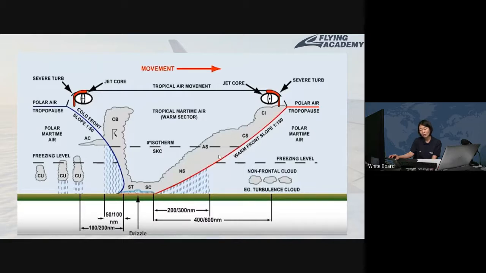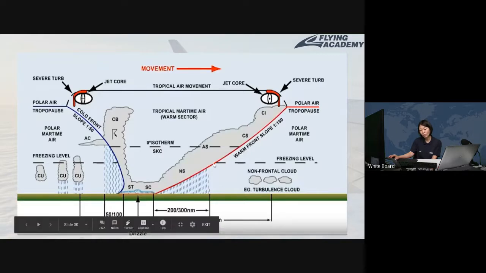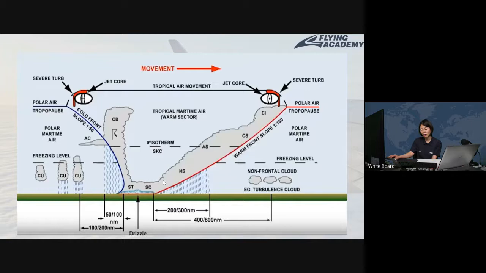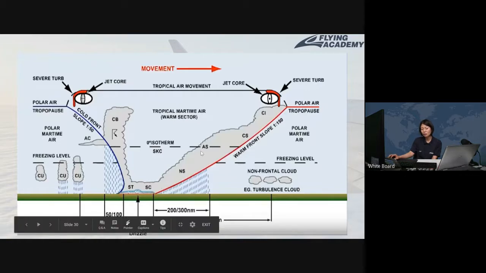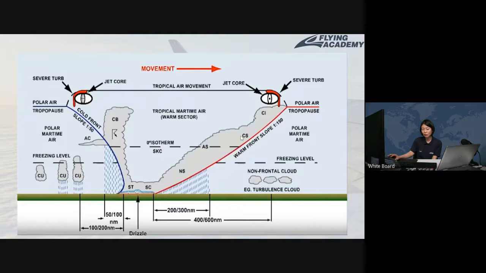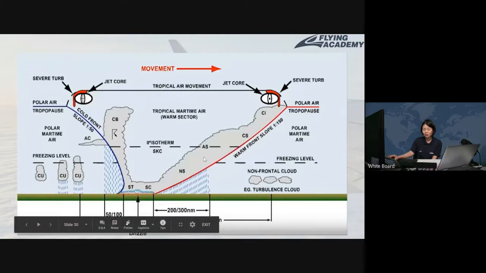So cloud is going to be all the way to the top, because this warmer tropical maritime air meets the polar maritime air, and the air starts condensing because it is in the cold one, so all the way through the front you are going to have cloud. Nimbostratus is normally stratus air as well, because it can be in layers. And since it is maritime air, when you have cloud, of course, because of the moisture, it can have precipitation.